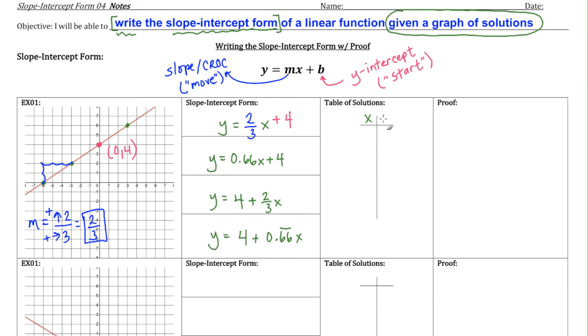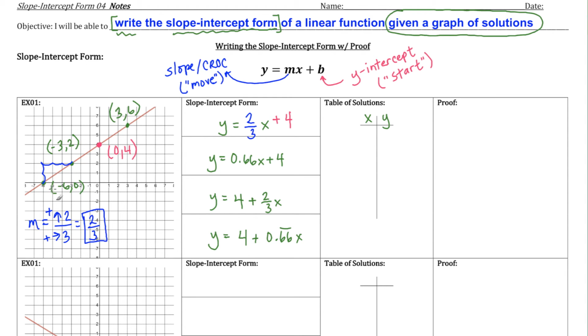So let's make a table of solutions. This just means a table of x and y's, remember, points, that make these equations true. So let's go ahead and find some of these. This is (-6, 0). This is (-3, 2). (0, 4), and (3, 6). I like to go in order from left to right.